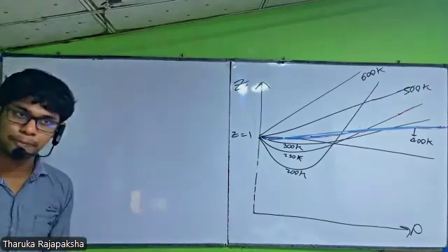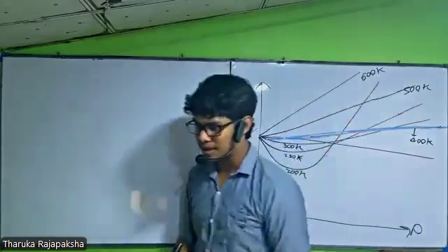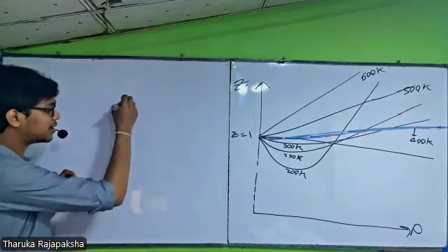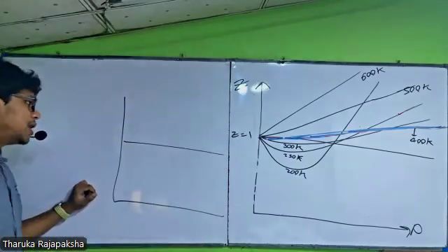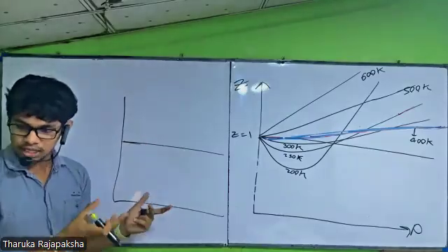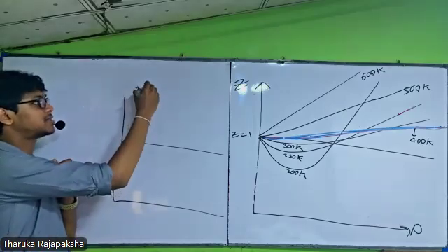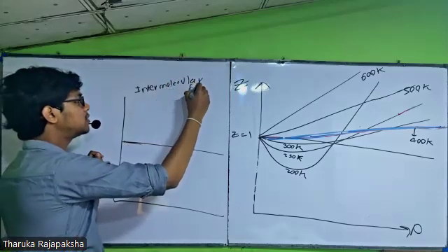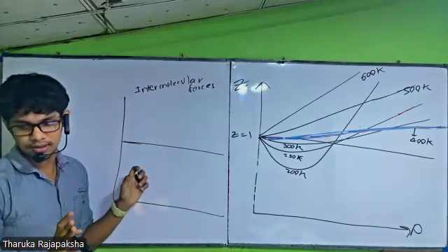Now, in prep paper 4, as Bushra said, in this graph, if I tell you to put nitrogen, you can't theoretically derive it in the paper. What you have to look at is intermolecular forces.